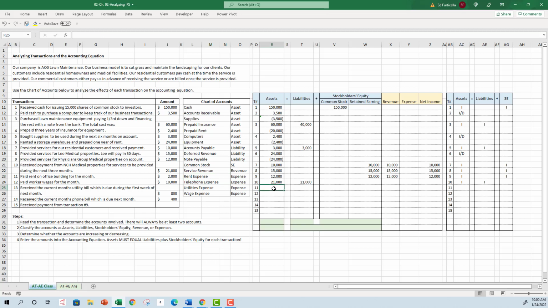When we look at our accounting equation, our asset cash will decrease by $2,000, and our stockholders' equity will decrease by $2,000. Because unlike revenues, expenses decrease the amount of net income and ultimately affect retained earnings by decreasing. So for this transaction, we have our asset cash going down, and stockholders' equity decreasing as well.